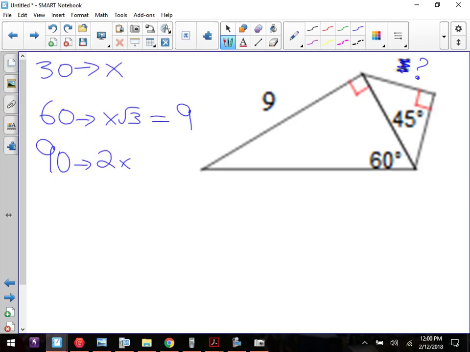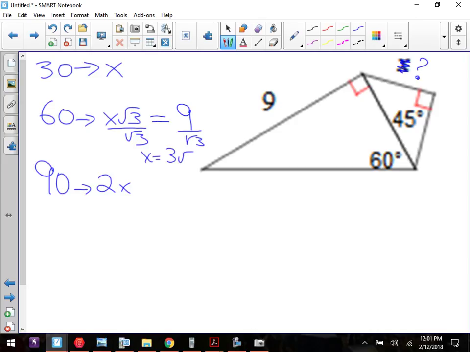How do you undo multiplying by the square root of 3? Divide by the square root of 3. Once again, this is where that calculator becomes your best friend. When you divide that by the square root of 3, I believe you get 3 root 3. So that means that your value of x is 3 root 3.